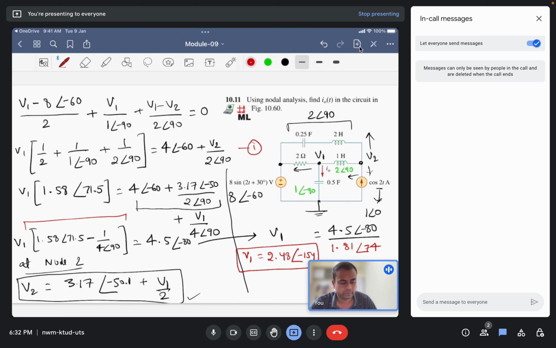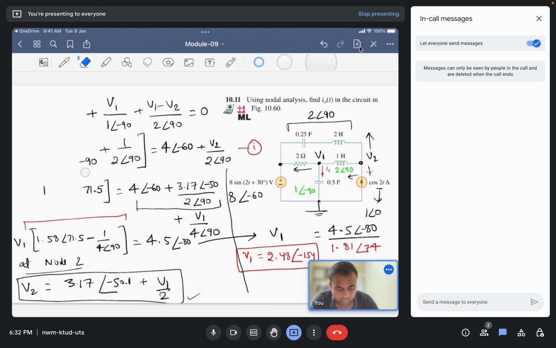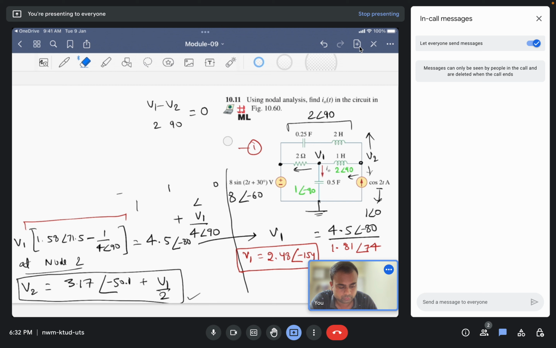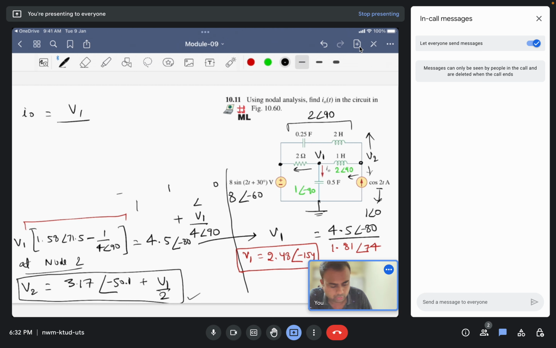So now once we have V1, we can calculate the current. So I naught will be V1 divided by 1 angle minus 90.